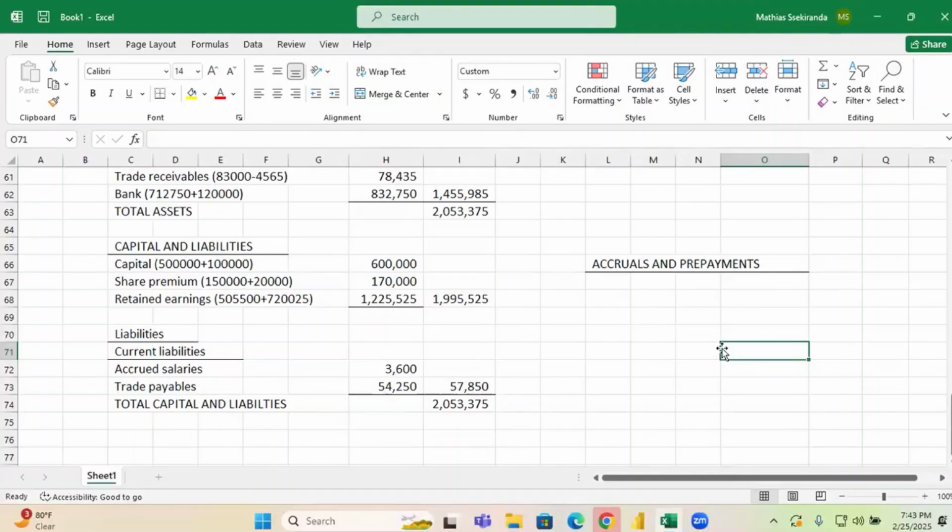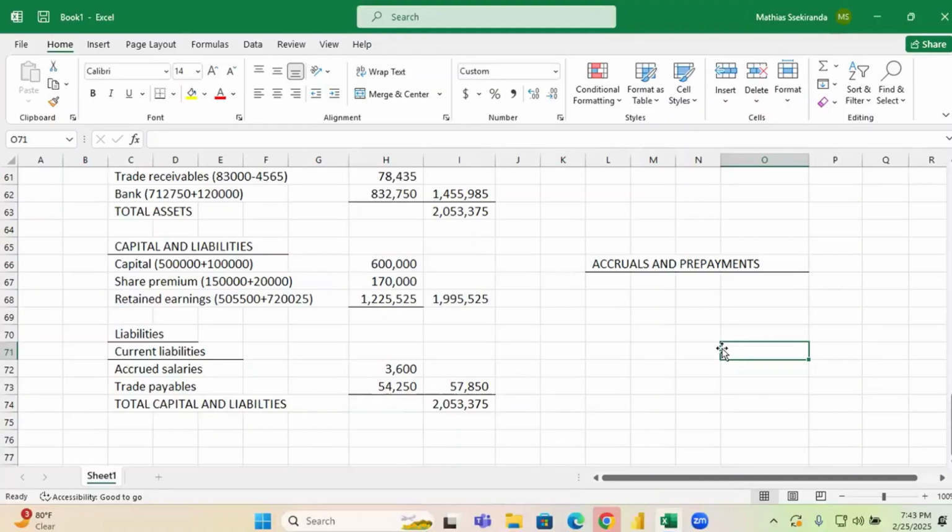Hello, Mr. Matthias. Yes, please. I just wanted to understand whether the prepayments under the balance sheet, in most cases, are treated under current assets? Which prepayment, you have to distinguish.